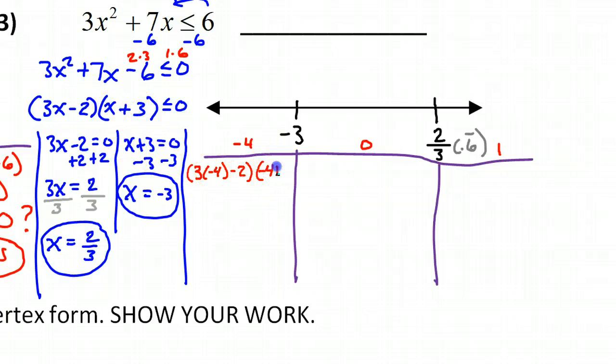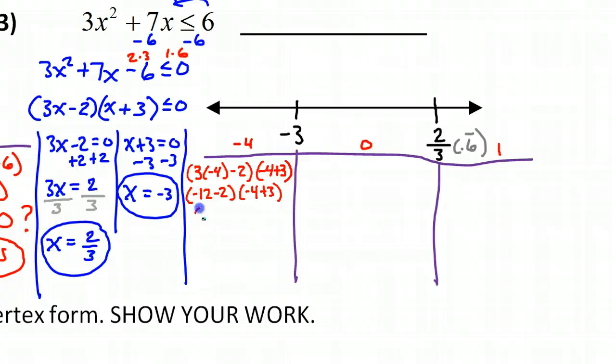All right, so 3 times -4 is -12. So I've got -12 minus 2 and -4 plus 3. All right, -12 minus 2 is -14.